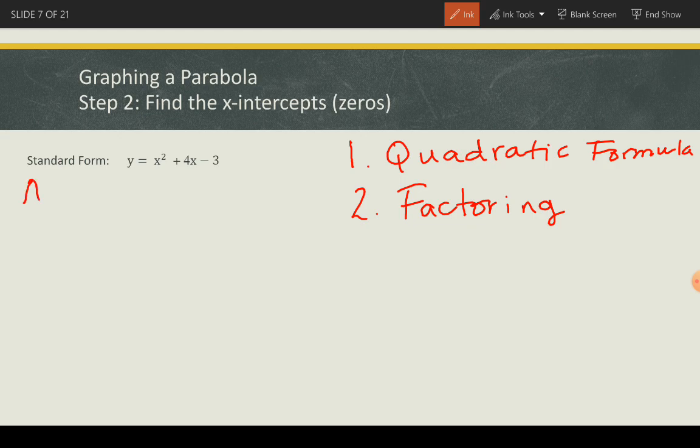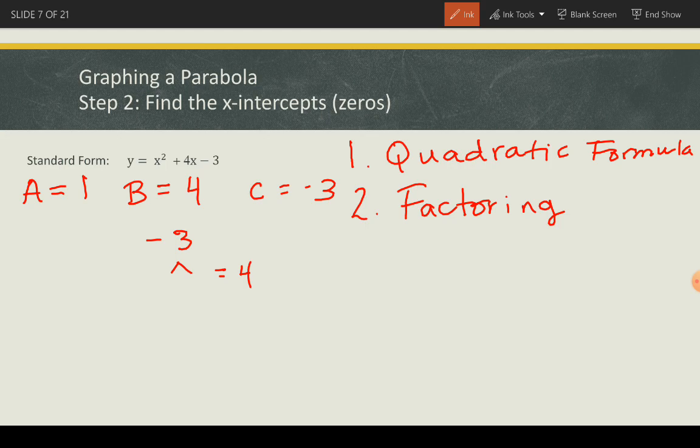So our a value is 1, our b value is 4, and our c value is equal to negative 3. So we need to find two numbers that multiply to a times c, which is negative 3, and add to 4. Okay, so if we think about those numbers, well, in this case, we see that in fact it's not factorable.